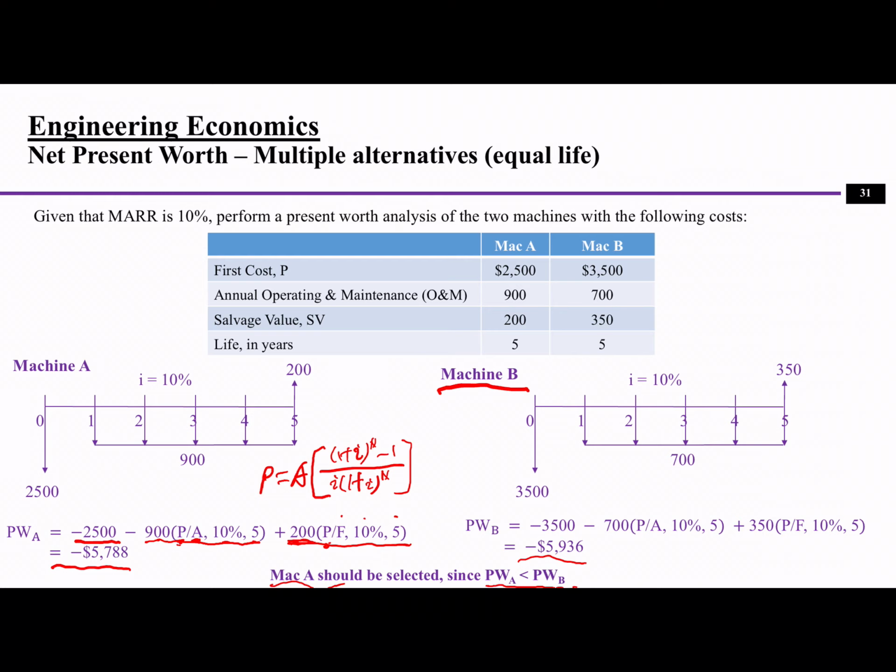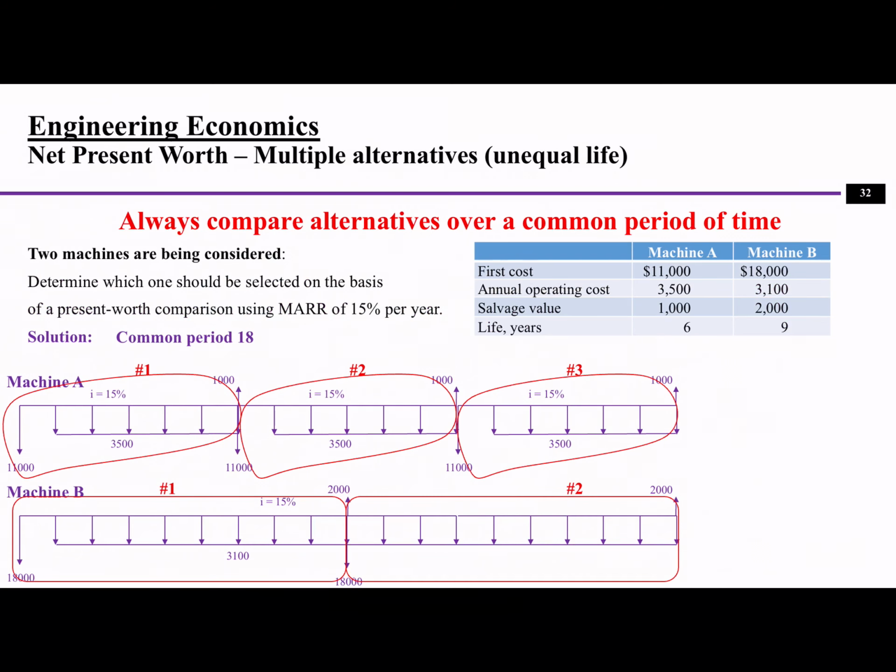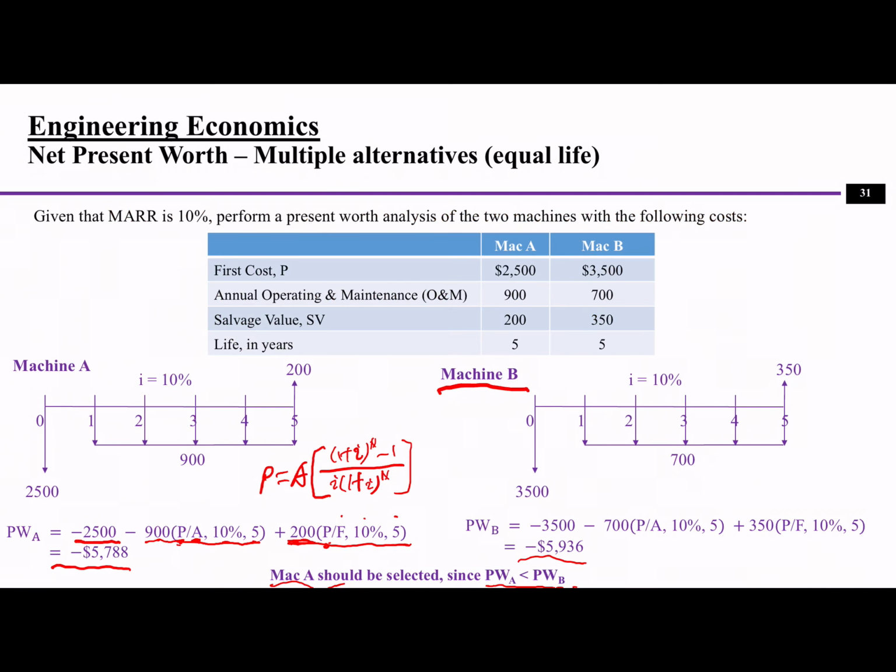Machine A's investment costs less money. So this is how you use net present worth to make decisions by comparing the two projects.